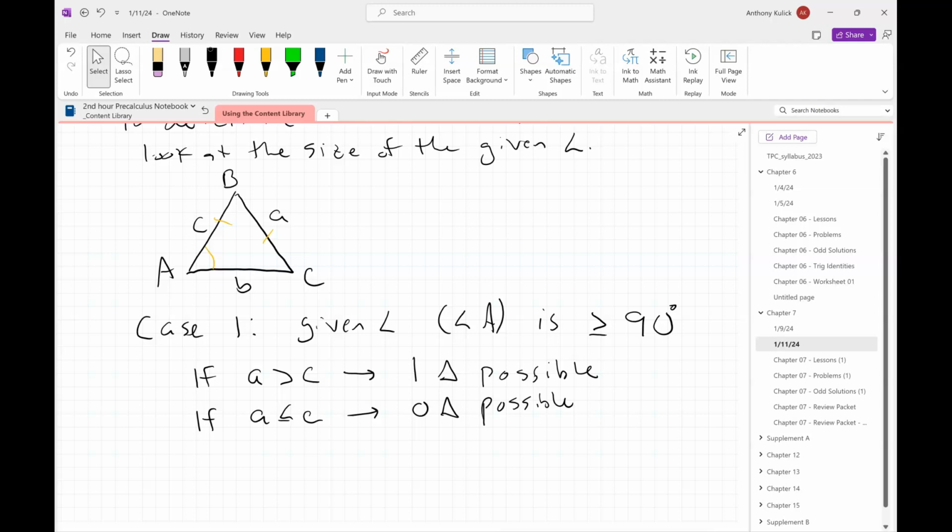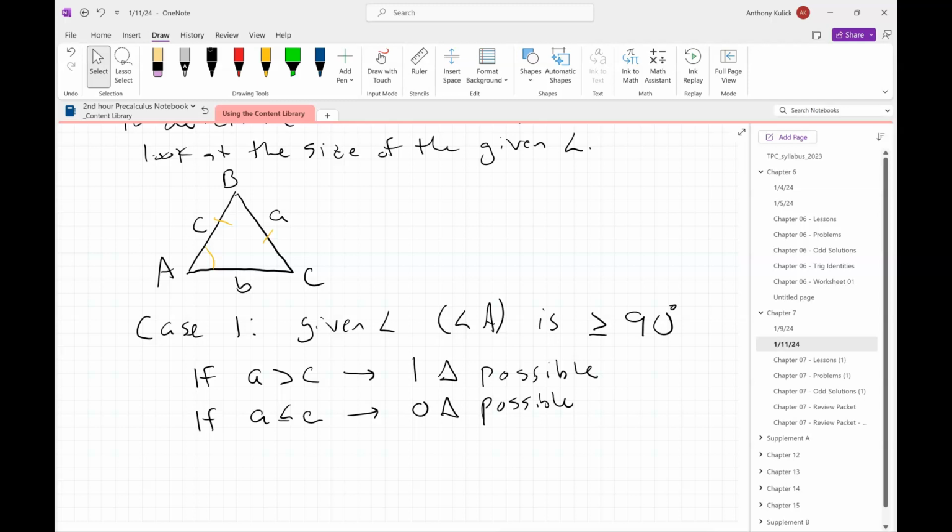That you couldn't have another angle greater than or equal to 90 degrees because there's only 180 degrees in the triangle and you already have more than half of it in angle A. So if A is the biggest angle in the triangle, what should side A be? It has to be the hypotenuse, meaning it has to be longer than all the other sides. So if A is the biggest angle, then side A has to be the biggest side. So if there's another side longer or equal to A, you can't make a triangle with that. Side A has to be the biggest.